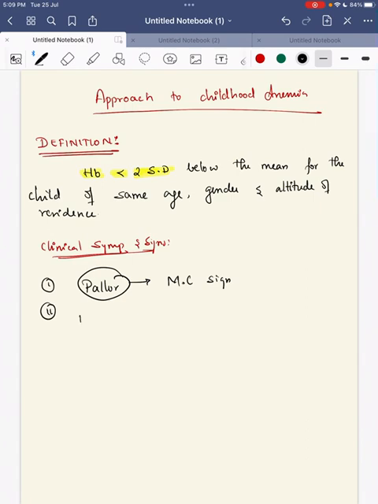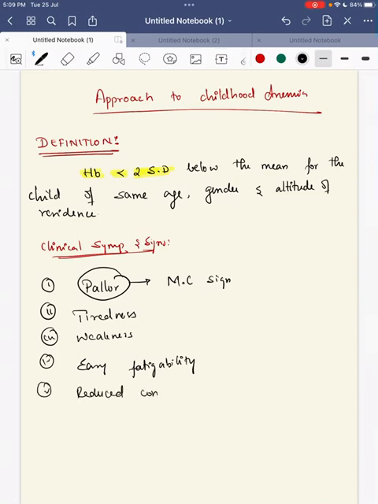Second will be tiredness. Third, weakness. Fourth, easy fatigability. Fifth will be reduced concentration. In children in the adolescent age group, they will also have increased hair loss.